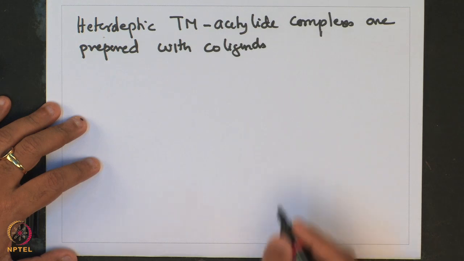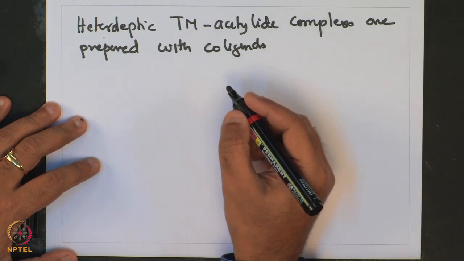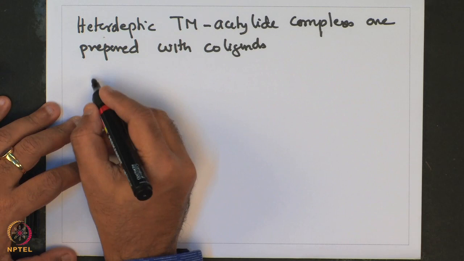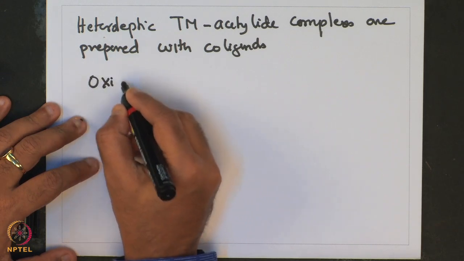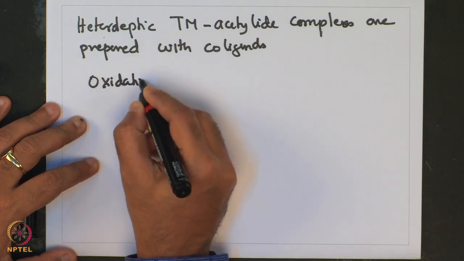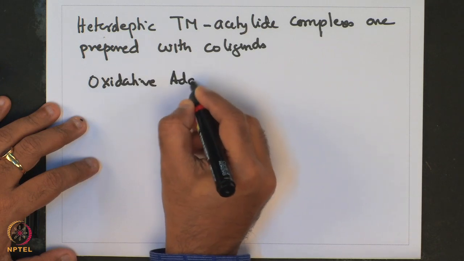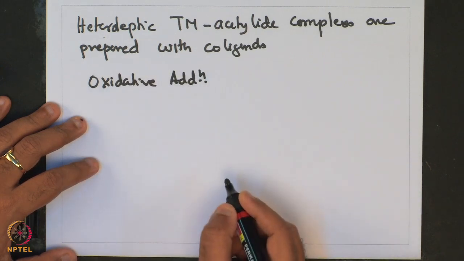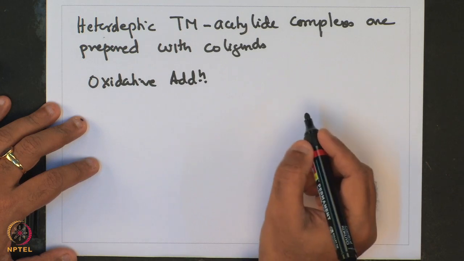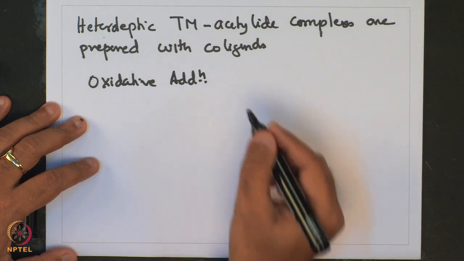And one of the most common methods is the one that uses oxidative addition of an acetylide halide bond on a low valent metal center.